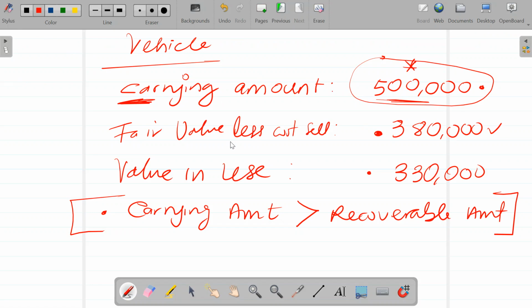Since the carrying amount is bigger than the recoverable amount, it is impaired. Okay, good. So we can see that the carrying amount is more than the recoverable amount. And what is the recoverable amount based on the figures here? Which one is the recoverable amount?